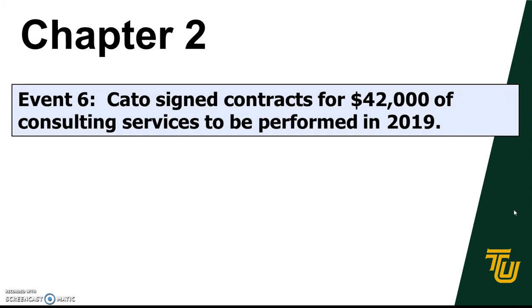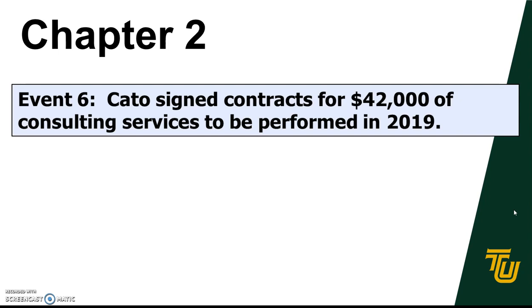No, it's telling us that the services are to be performed in 2019, next year. So we don't have any cash coming in. We don't have any services that we provided. We don't have any revenue yet. We haven't earned the revenue.